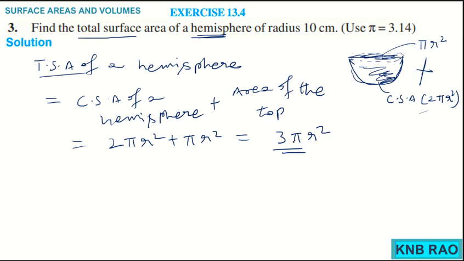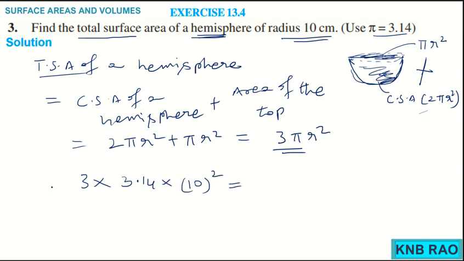Now, I am using this formula to find the TSA, where radius is given as 10, that means 3 into, they asked us to use pi value as 3.14 into radius 10, so 10 square.